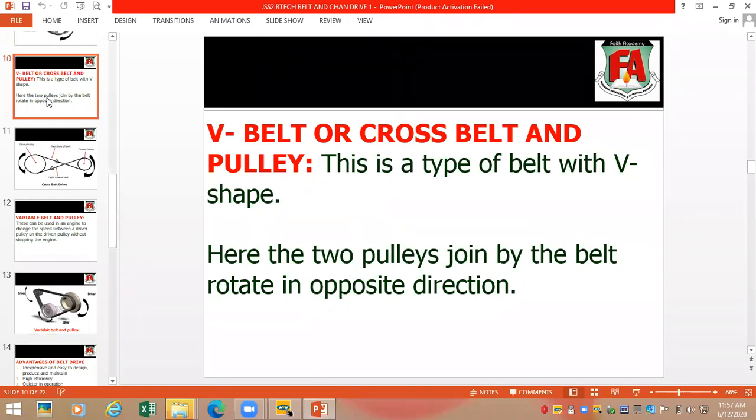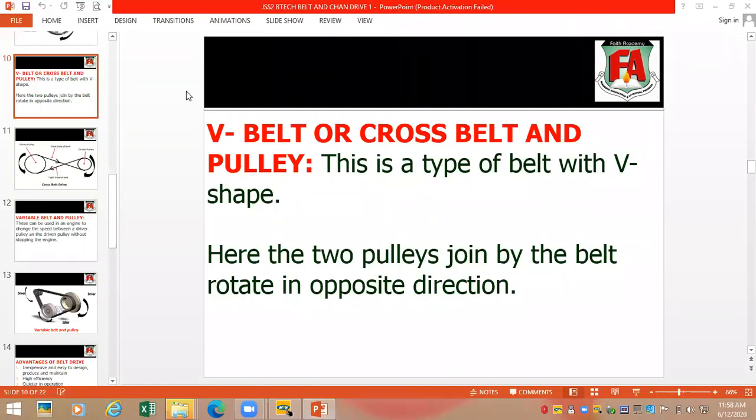Here, the two pulleys joined by the belt rotate in opposite direction. Did you get it? V-belt or cross belt and pulley, this is a type of belt with V shape. Here, the two pulleys joined by the belt rotate in opposite direction.